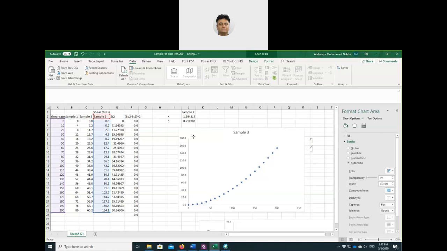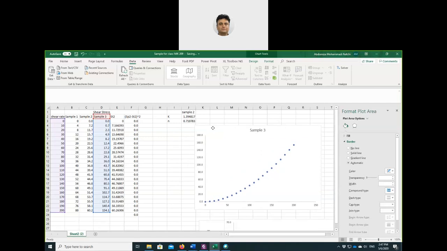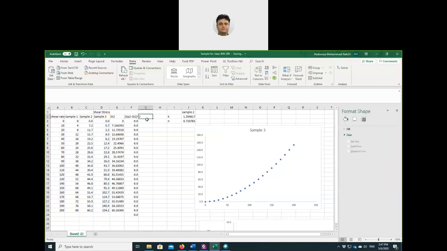I want to keep this data, it's okay. Now I'm going to calculate ST3, meaning sample 3 theoretical data. It's equal to, you remember, K. Okay, so put for sample 3.